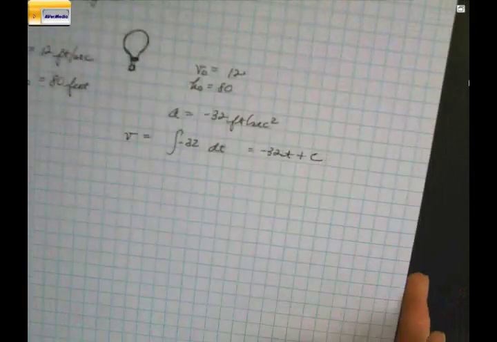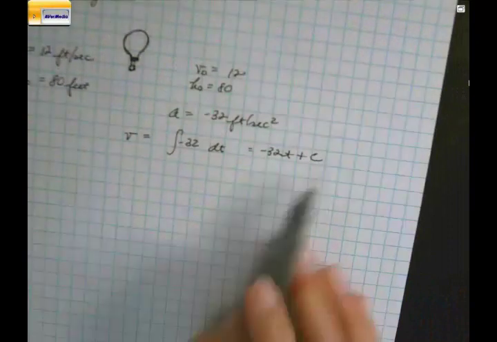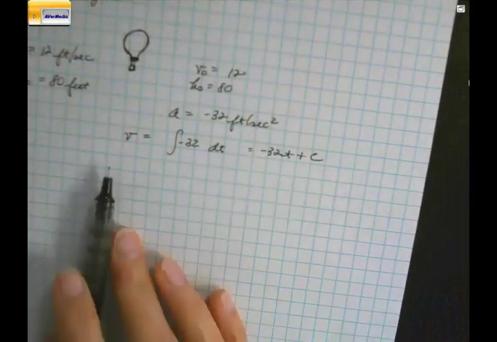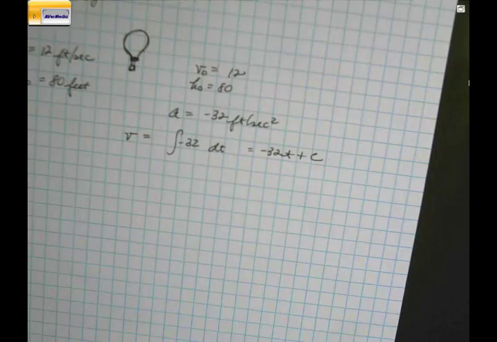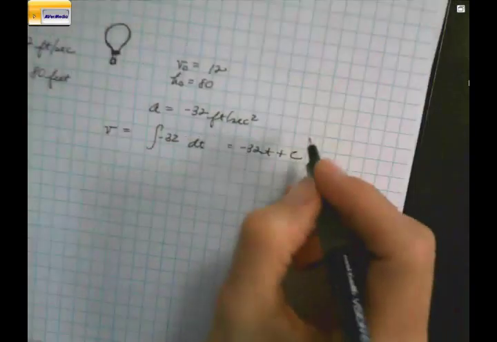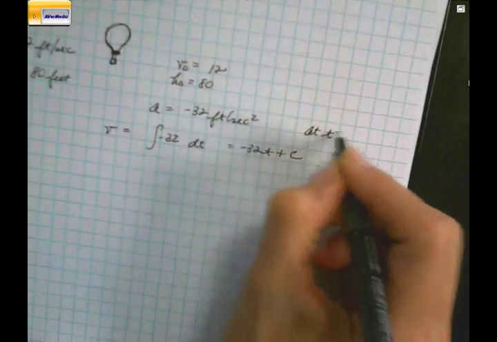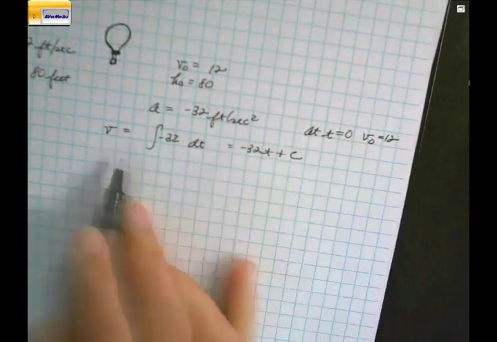Now what in the world is c? If this is your velocity function, I can just tell you very quickly, your constant is going to be your initial velocity. If it was your position function, your constant is your initial position. The constant will always be the initial information at that moment. What we know is that at time equaling 0, the velocity was 12.